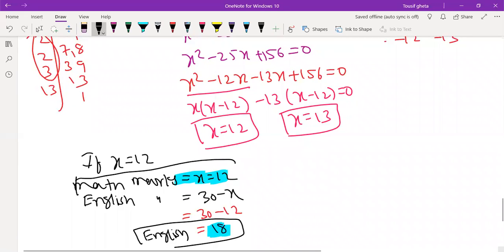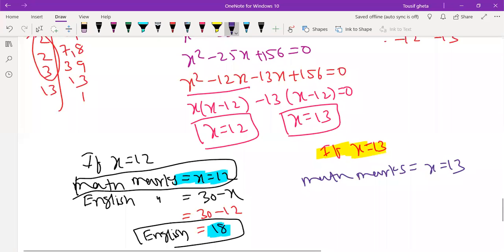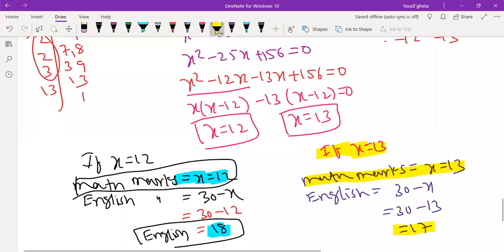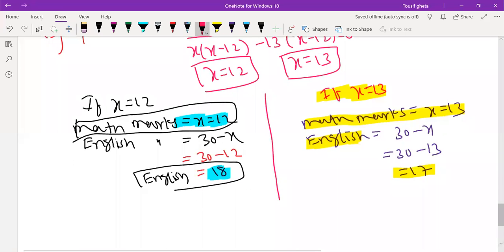Now if x is equal to 13, then what is the answer? Maths marks, English. We'll complete it. Both you should write, compulsory both. Both are positive, so both you should write.